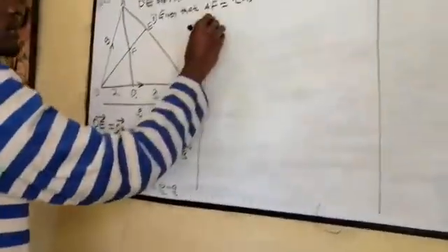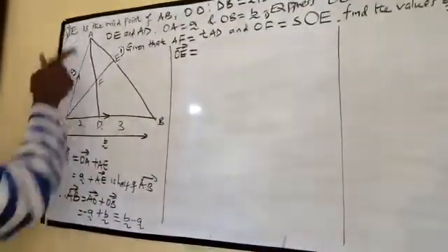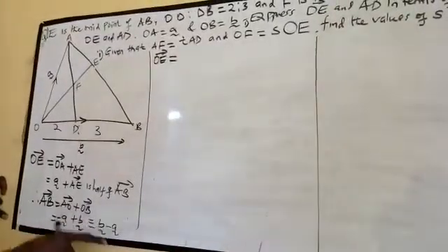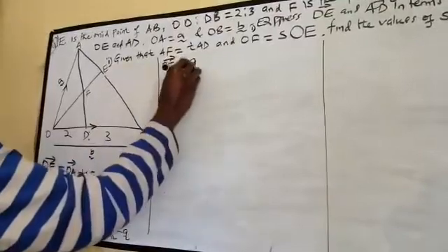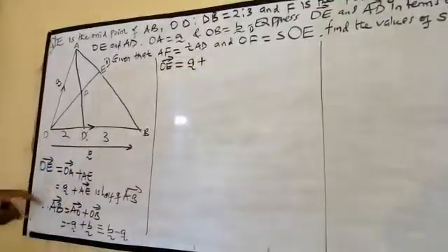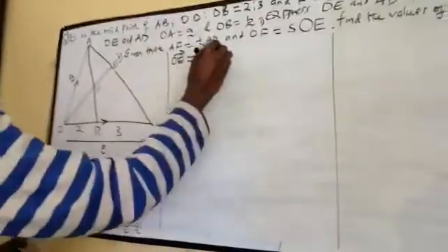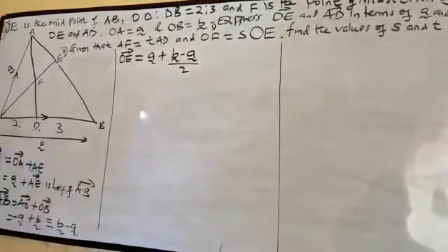And we are still on vector OE, which is OA plus AE. We know that AE is a half of AB, and we already have AB, which is B minus A. Therefore, we can now write OE as vector A plus a half of AB, which is B minus A over 2.